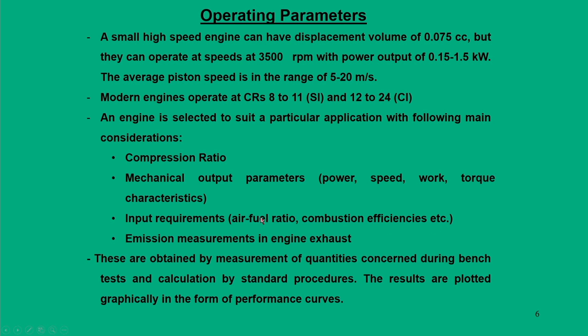That means if the fuel is introduced in the engine, not necessarily 100% of the fuel will be burnt. So, combustion efficiency comes into picture. These are some input requirements and these are some output parameters.